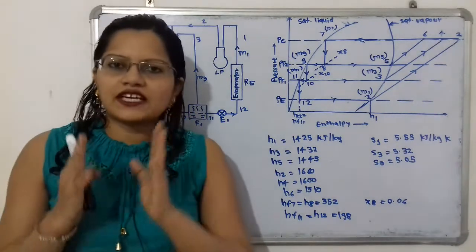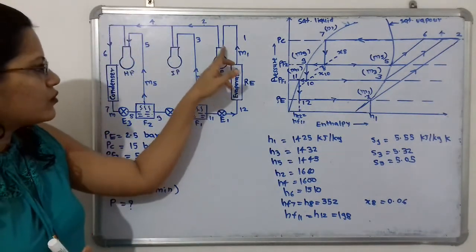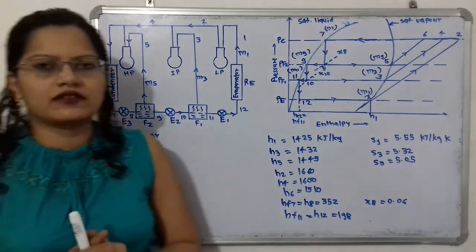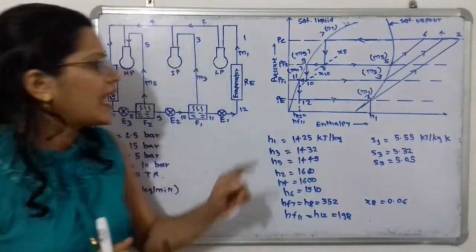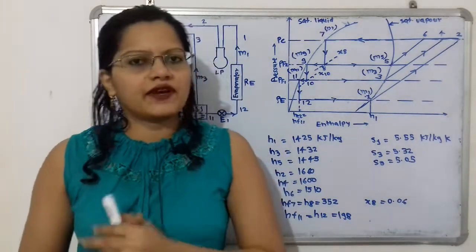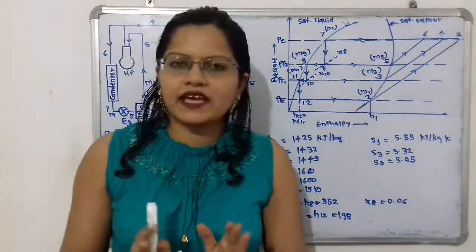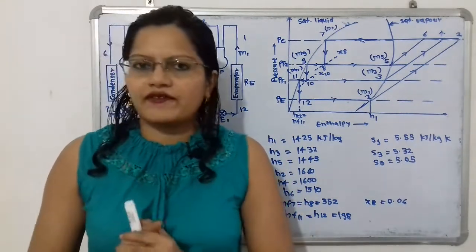It is at the saturated vapor state, because before entering the low pressure compressor it is leaving the evaporator. So the pressure is equal to the evaporator pressure PE, and the refrigerant is at the saturated vapor state. Here is the pressure enthalpy diagram that is provided in the examination for the ammonia refrigerant.